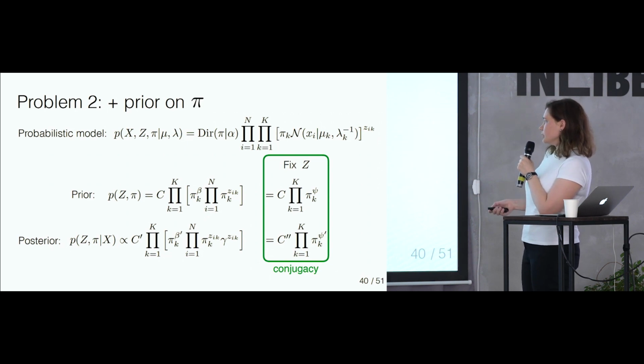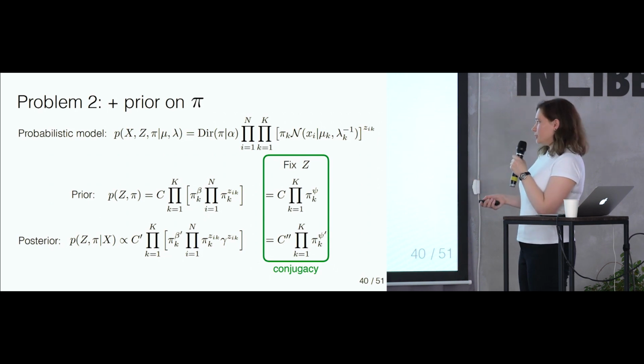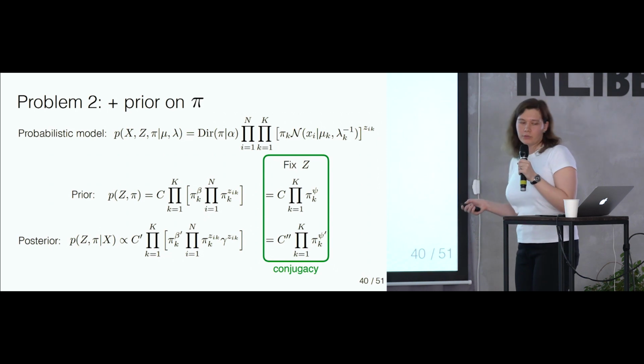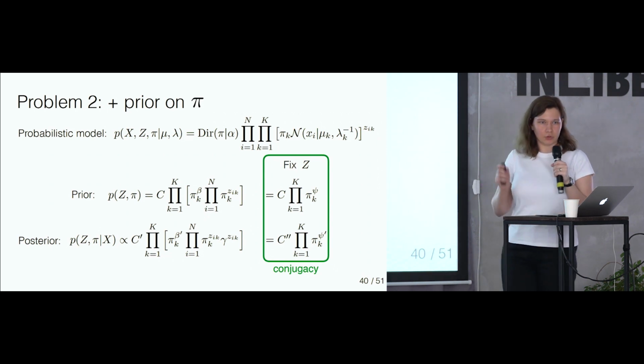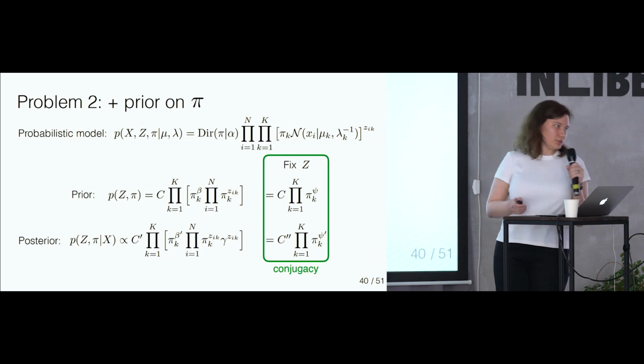We fix z, therefore the last two terms, p to the power of z and gamma to the power of z, are both simplified. So we have p to the power of a constant, and a constant. As a result, when we fix z, our prior and posterior are conjugate. Do you see it?